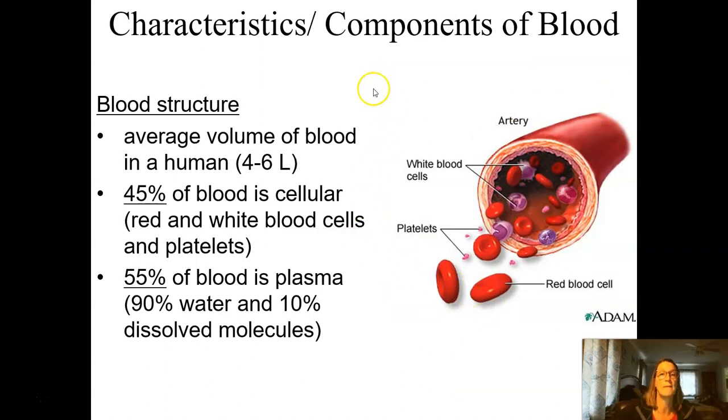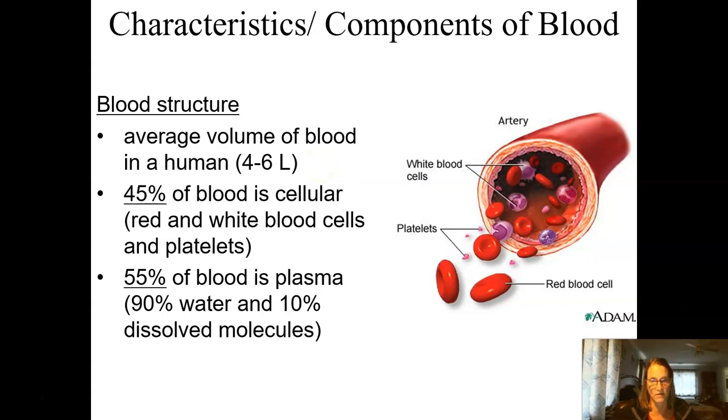Okay, so now we're going to talk about blood and specific functions of blood and different types of components of blood. First of all, if you're just looking at the blood that's found within the vessels, this is what it is made up of. There are about 4 to 6 liters of blood, which is a lot. That's a lot of blood that you are carrying around within your vessels.